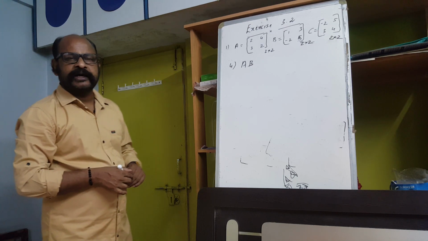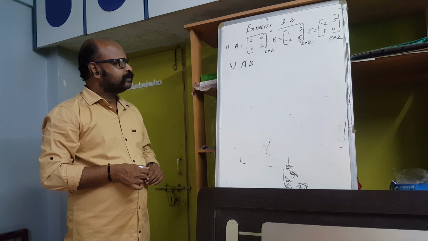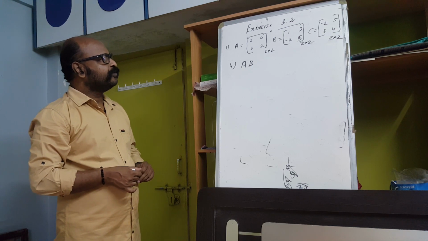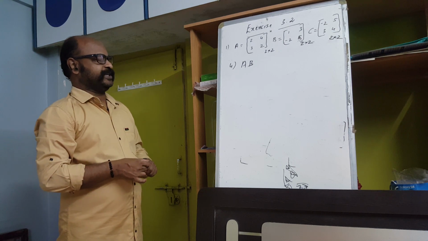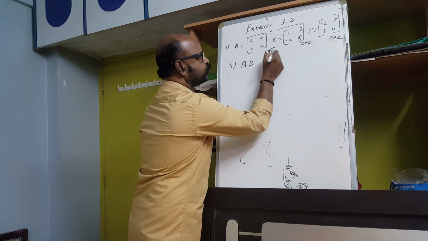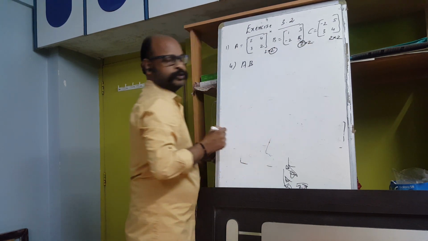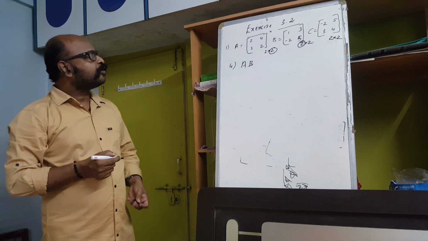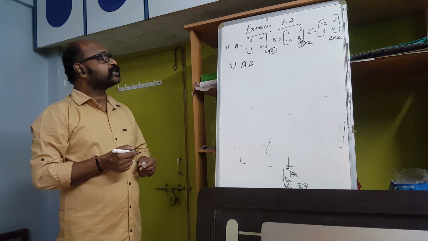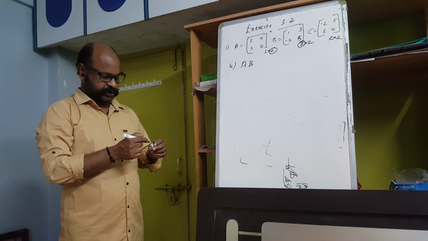Then according to the condition, the product AB is possible only when the number of columns of the first matrix, that is number of columns of A, that is 2, number of rows of B, that is 2. The meaning is what? Number of columns of the first matrix A and the number of rows of the second matrix B are equal. So the product AB is possible.